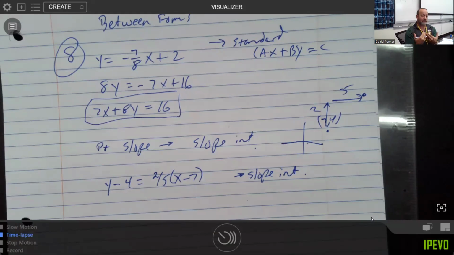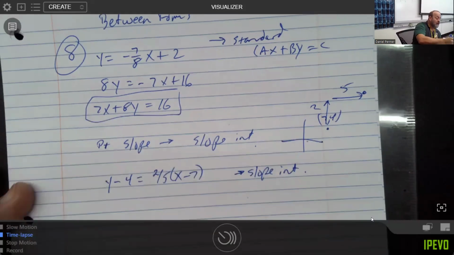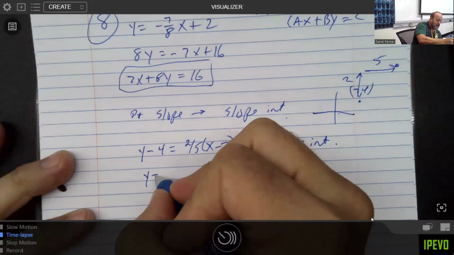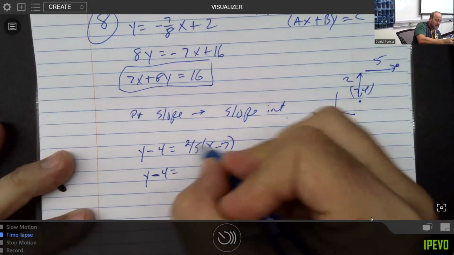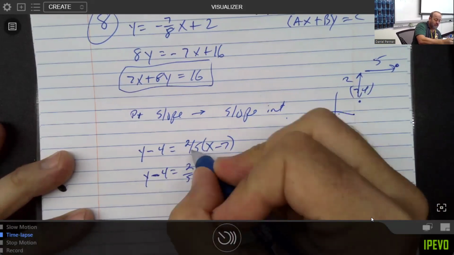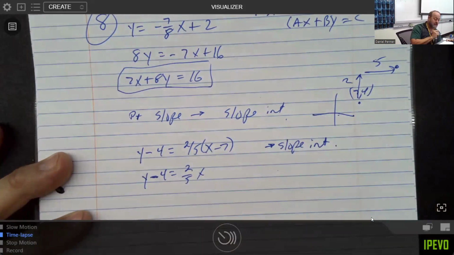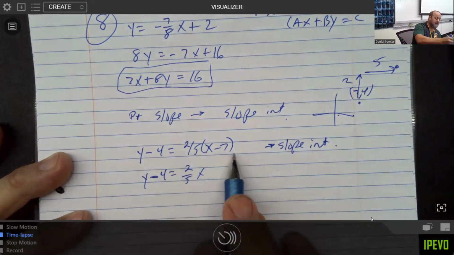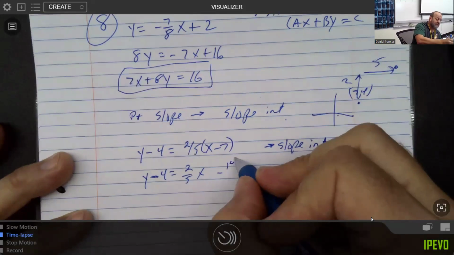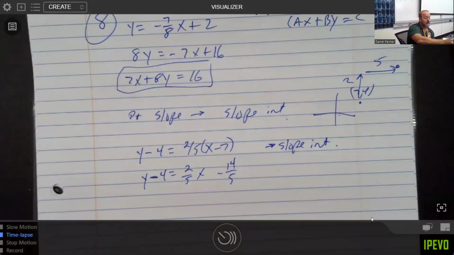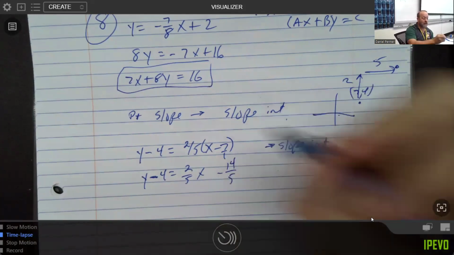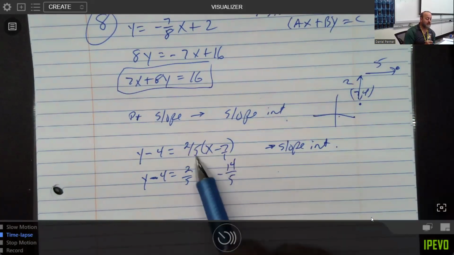But if we wanted the other form, which frequently we do, the first thing you do to get rid of point slope is distribute the slope through. So 2/5 times x is 2/5 x, and 2/5 times 7 is negative 14/5. Very simple, because remember, this 7 is really 7 over 1. So 2 times 7 and 5 times 1.